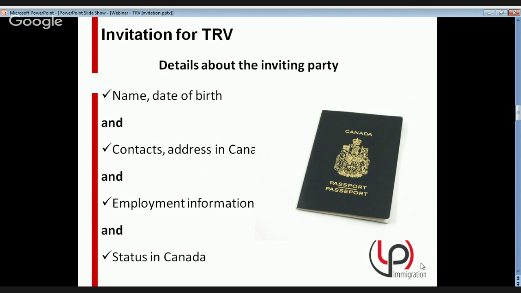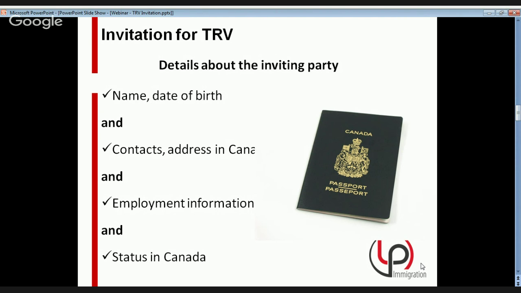And the inviting party says that he or she would accommodate mother and father during their period of stay in Canada. Obviously, this inviting party has to provide enough information about his or her employment status, about the salary, about the regular income of the family to prove to the officer that the inviting party would be able to accommodate the invitee.